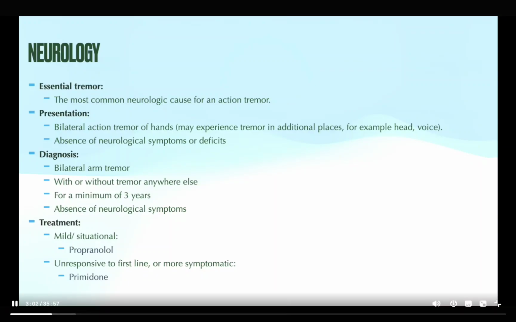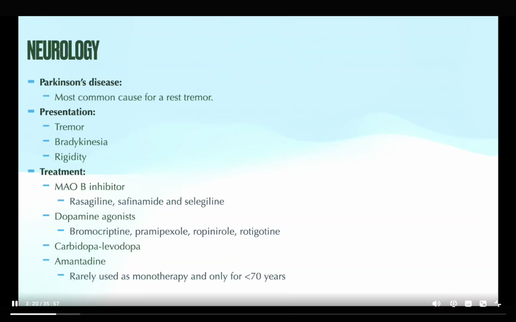This medication has a lot of negative side effects, and if you read the literature, it says that this medication, if they're using it, should be really managed by someone who's specializing in neurology. So in the circumstance that the propranolol is ineffective, these patients would be referred and managed by neurology.